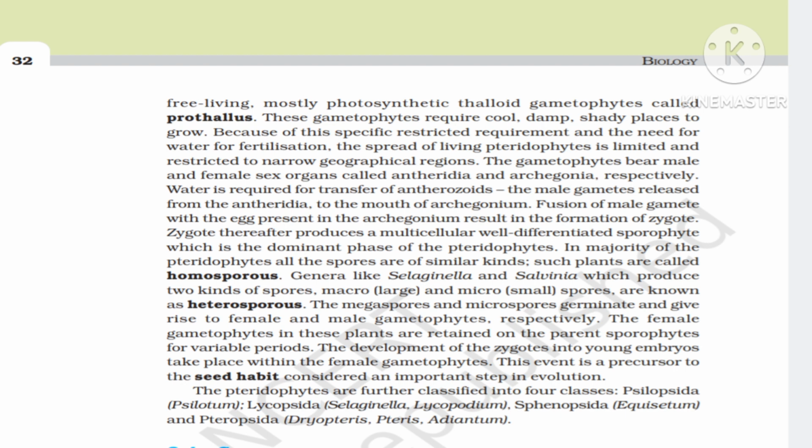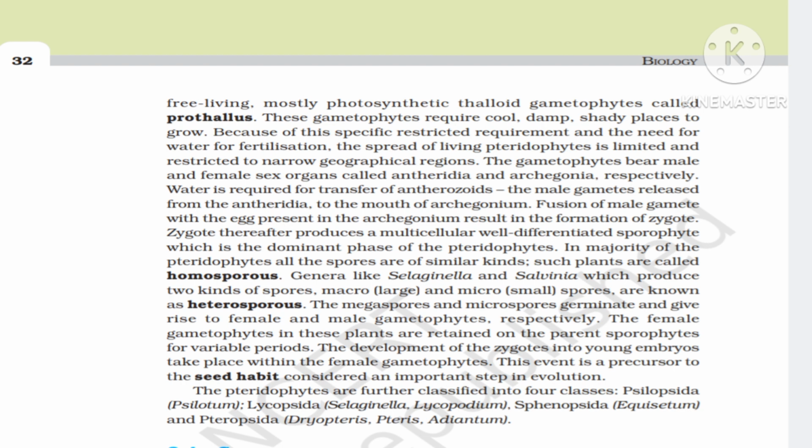From here the plant produces vascular bundles, giving rise to a plant with a true root, stem and leaf. So these are the precursors to the seed habit. From this type of plants, advanced types of plants are produced successively.